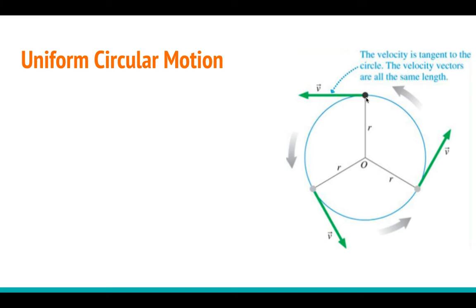It points in the direction of rotation or the direction of motion. And the length of that vector stays constant. So it means that the speed is constant, but the direction changes at every instant.